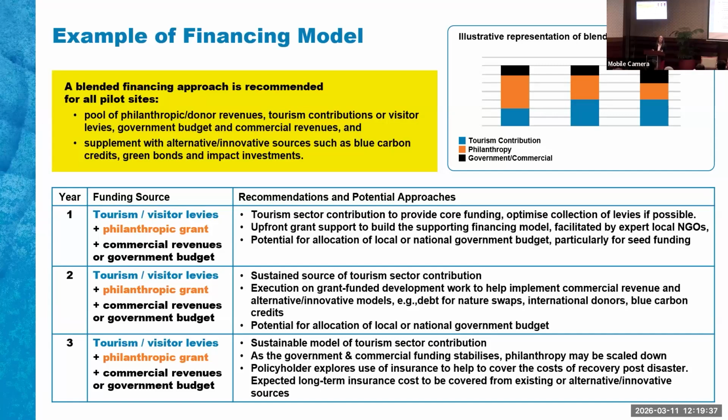James had also mentioned cases where there's potentially some optimization by improving the process by which some of these fees are collected in order to finance these risk management activities. There was also a long list within the reports of potential innovative financing structures. Debt for nature swaps, blue carbon, blue bonds, and others could well be utilised as a core part of this blended financing approach.